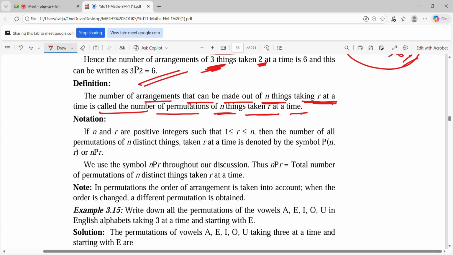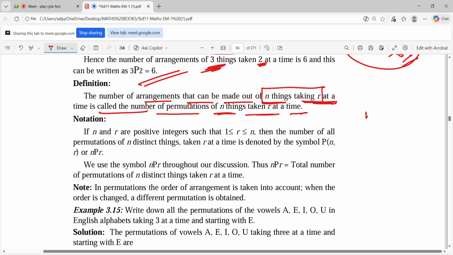Even if you don't know that definition thoroughly, simply learn n things taking r at a time. That is more than sufficient.